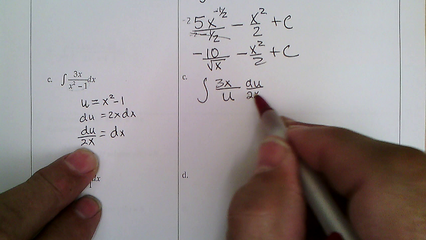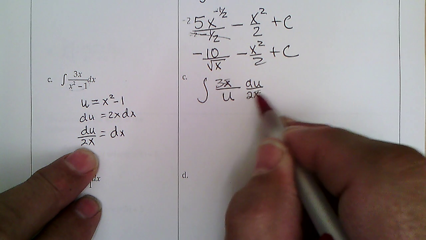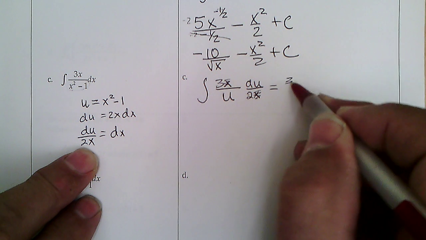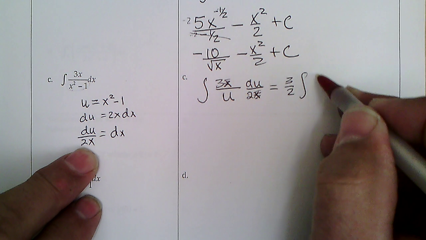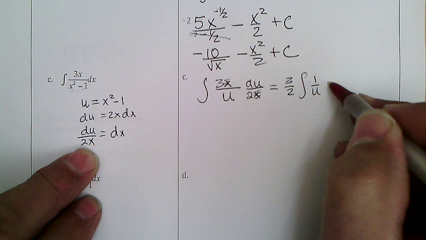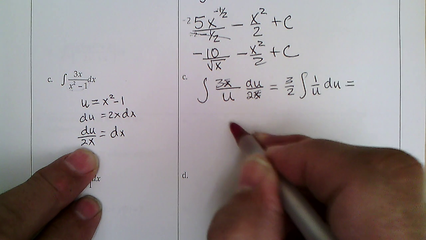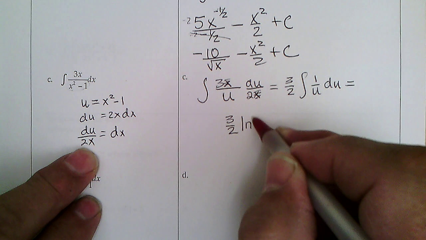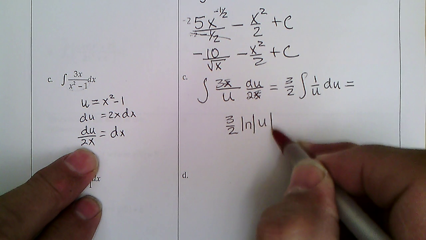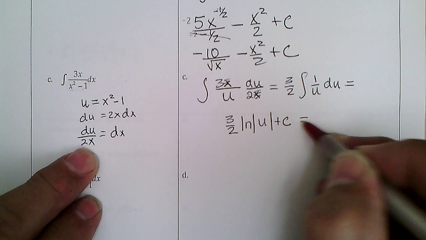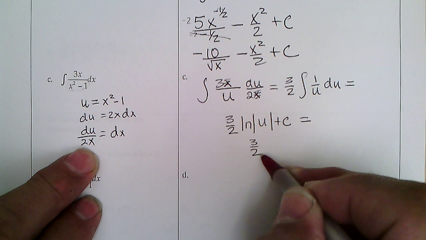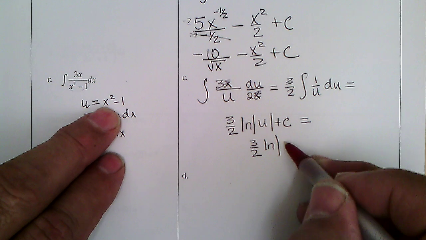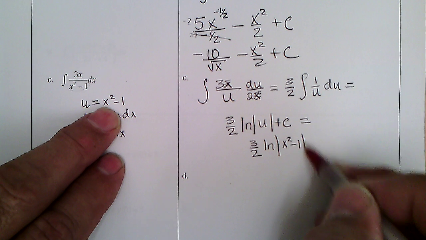These are multiplied, so the x's can cancel, and the 3 halves can come out, and so I'd have 3 halves, the integral of 1 over u du, which is ln absolute value of u plus c, which should be 3 halves ln of x squared minus 1.